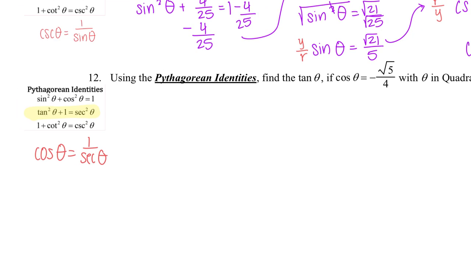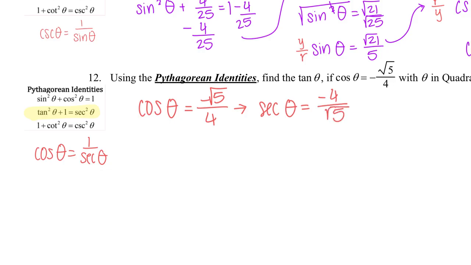So pay attention to what I'm doing first. I have cosine theta, which is negative square root 5 over 4. I'm changing it to secant theta, which is now negative 4 over the square root of 5. So that's what I'm plugging in.